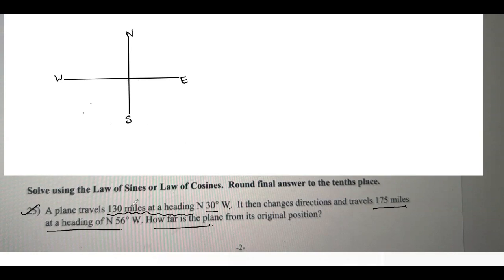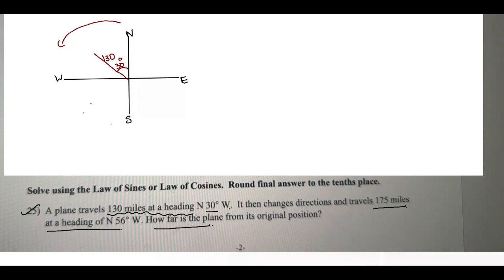First of all, 130 miles at a heading of north to west 30 degrees. The degrees will be from north to west, that is 30 degrees here. Got it? So this is 130 miles. And then it changes its direction, 175 miles, again north to west.